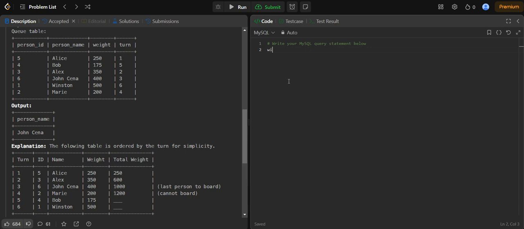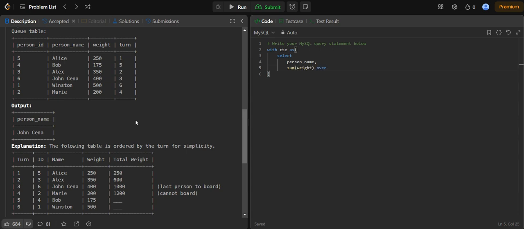Let us write the CTE. Select the person name and the weight. I also need the total weight, so I will do sum of the weight.